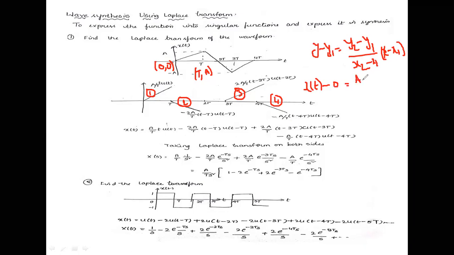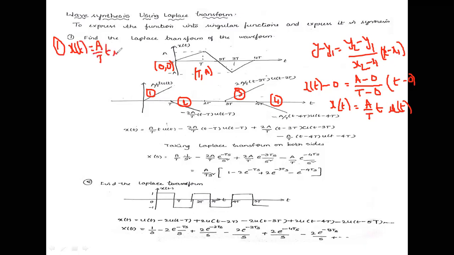Y2 minus y1 is A, and x2 minus x1 is T, and the x-axis has the t variable, so t minus x1 is t. So x of t is A by capital T, a constant, times the ramp signal t. We take it from 0 to infinity, so it is multiplied with mu of t. The first slope is x of t equal to A by capital T into small t mu of t. This is the equation.